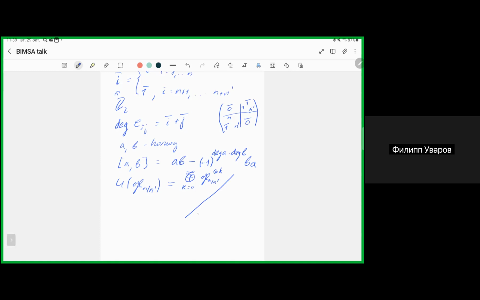I just say that supercommutator in U(GL(n|n')), AB minus (-1) to the degree A degree B, BA, equals AB. Well, this is some associative algebra.